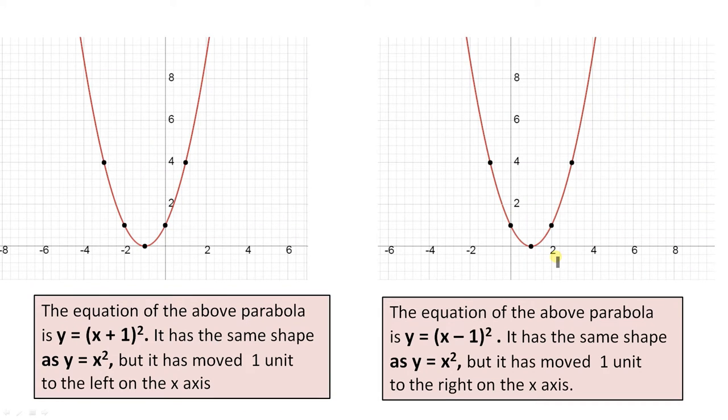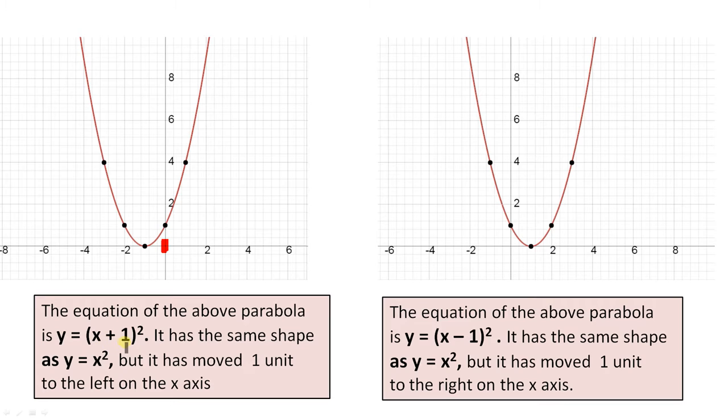Now here are two more parabolas. This parabola has been moved from there to there. Now you remember we saw the parabola y equals x squared, where the vertex of the parabola was here. What's happened here? The equation of the above parabola is y equals (x plus 1) all squared.